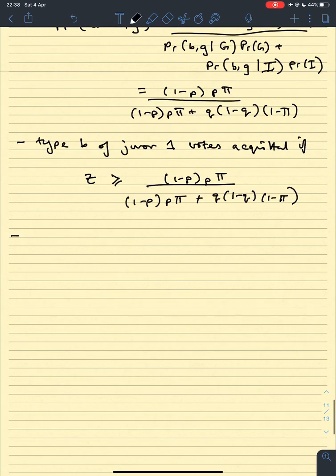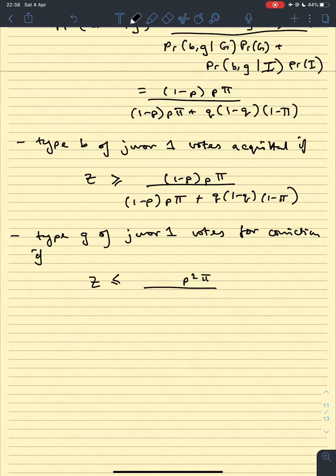And by the same process, type G of juror 1 votes for conviction if Z is less than or equal to P squared times pi divided by P squared times pi plus (1 minus Q) squared times (1 minus pi).